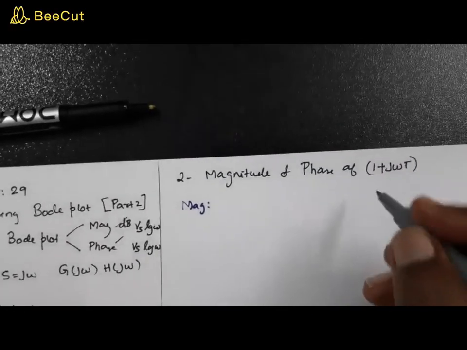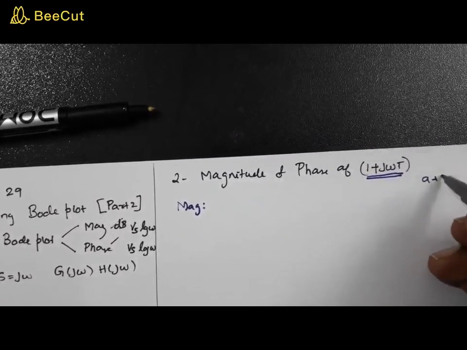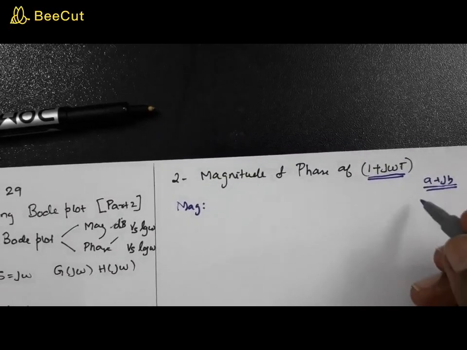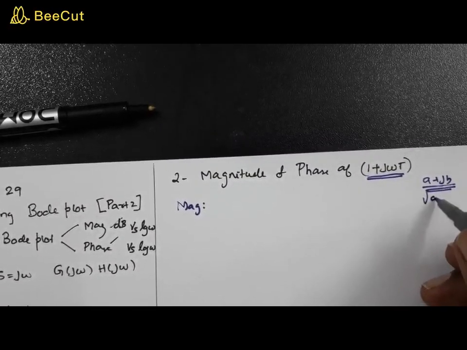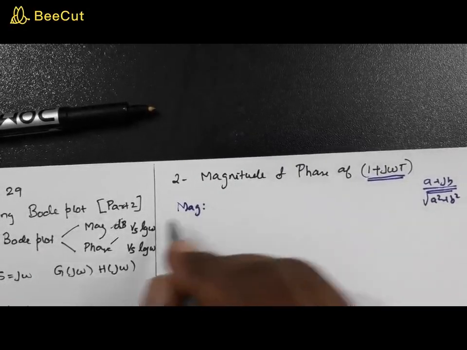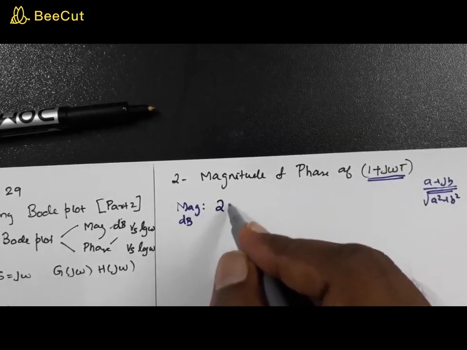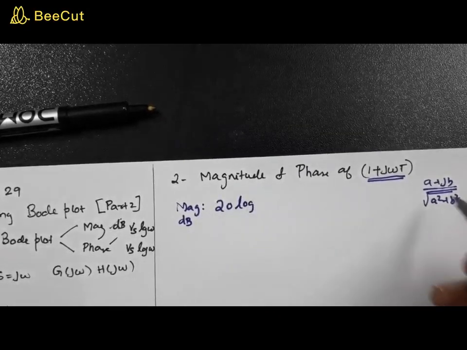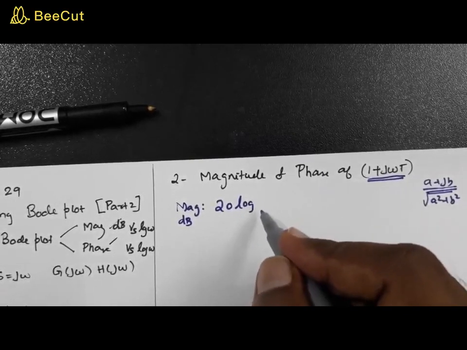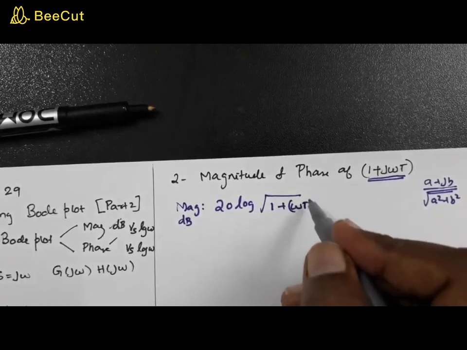Now you have the term 1 plus j omega t. This is again of the form a plus jb, right? What is the magnitude of this? We know that the magnitude is the root of a square plus b square. You want this magnitude in decibels, so you need to multiply by 20 log, that is, take the logarithm of it: 20 log of the square root of 1 plus omega t the whole square.